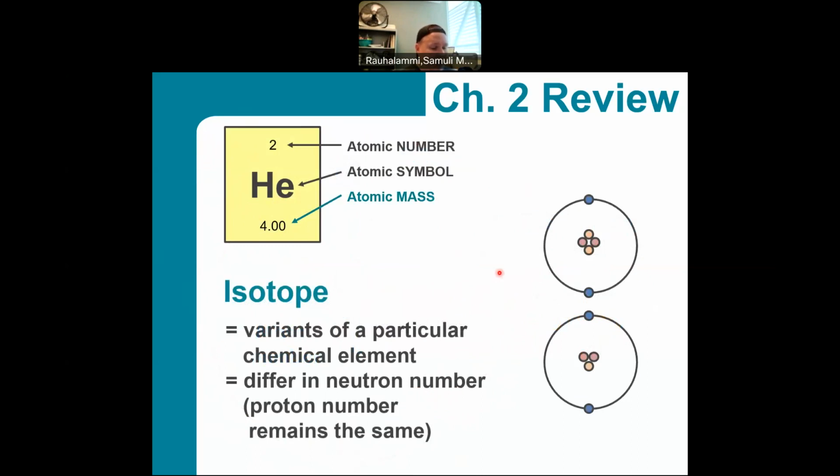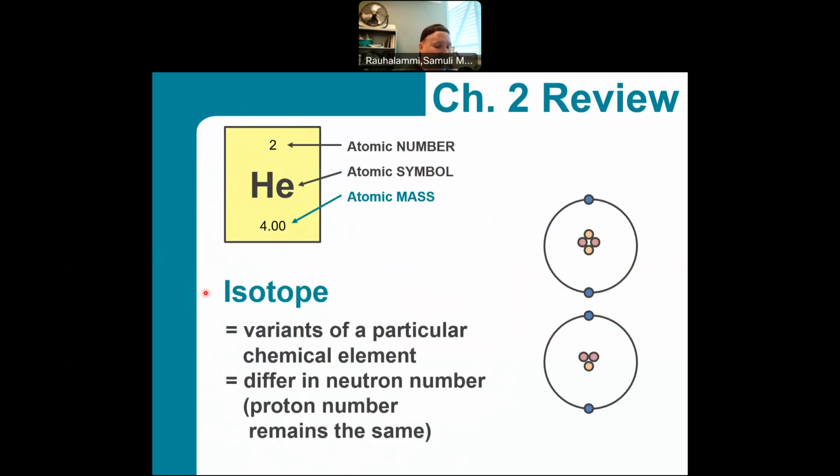But we see the same atom, the same element, with different variations. We're talking about different isotopes of that element. So that's where we're heading with this.